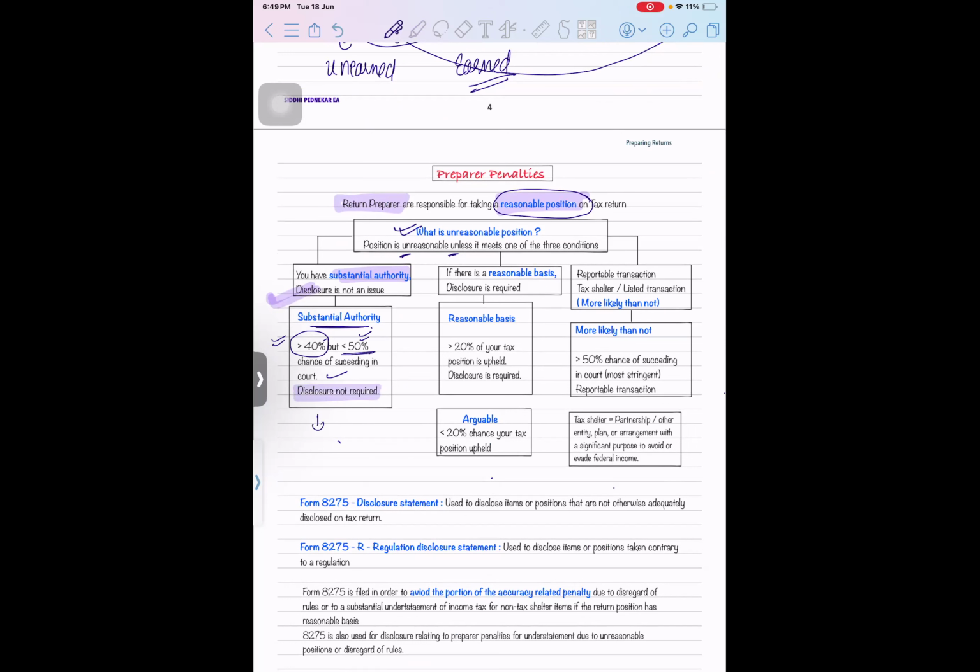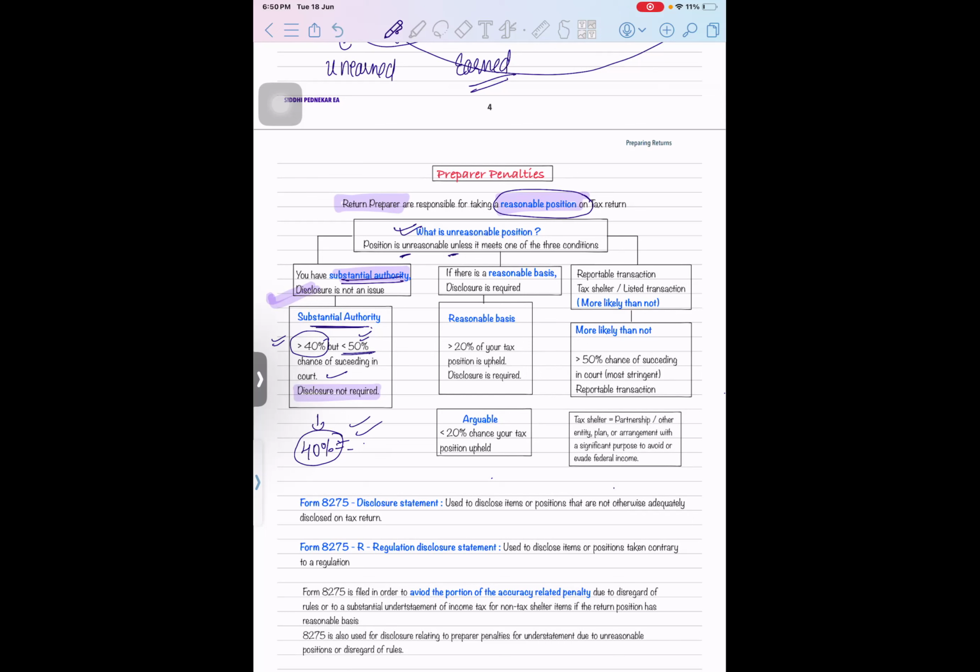Even a minimum 40% chance of succeeding means no need to disclose. Minimum means 40 plus, up to 50. This is called substantial authority. Being a preparer, you have taken substantial authority on the return, and yes, it will be considered a reasonable position. Okay, clear guys?